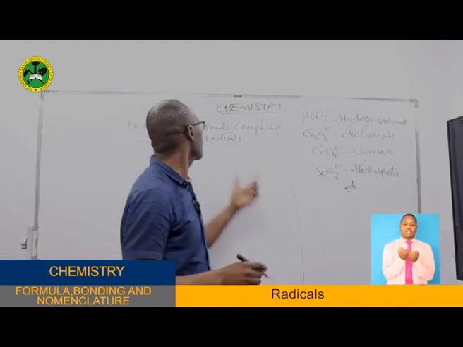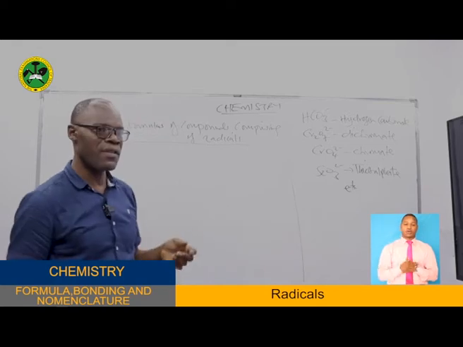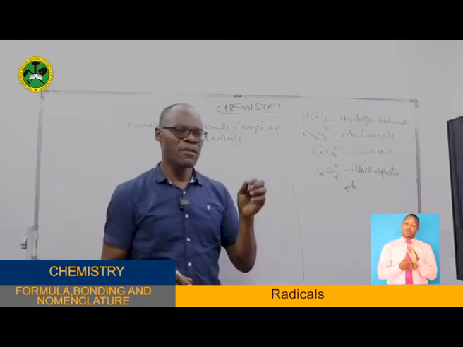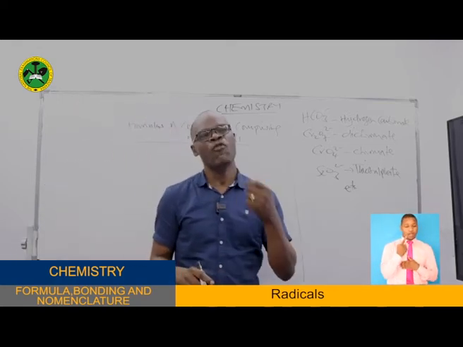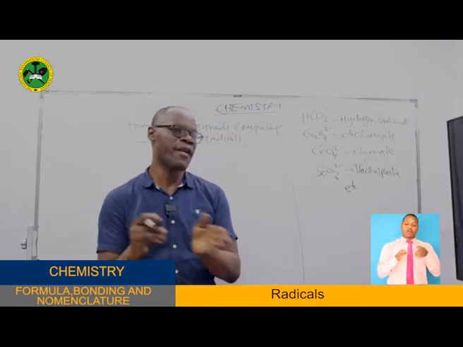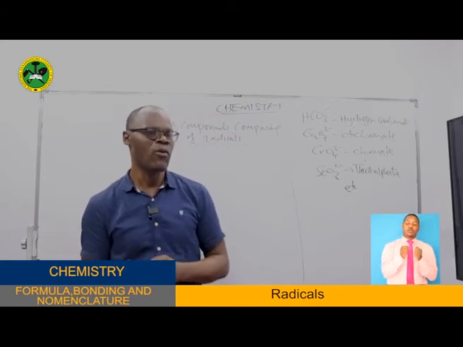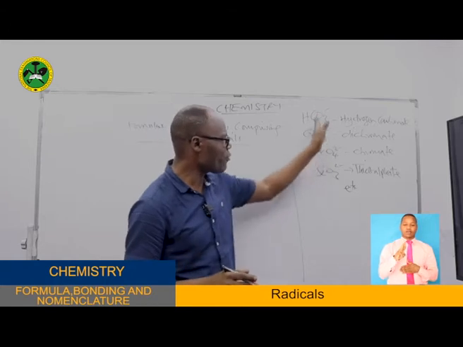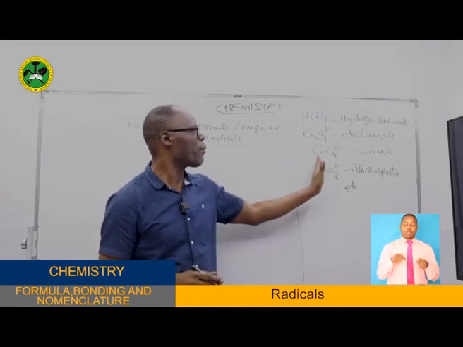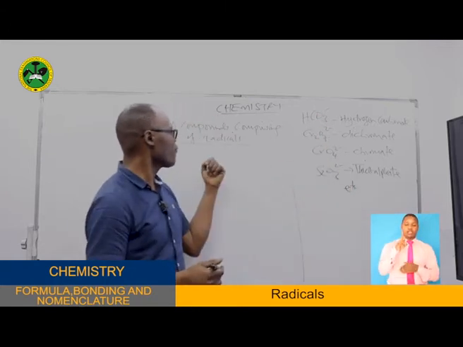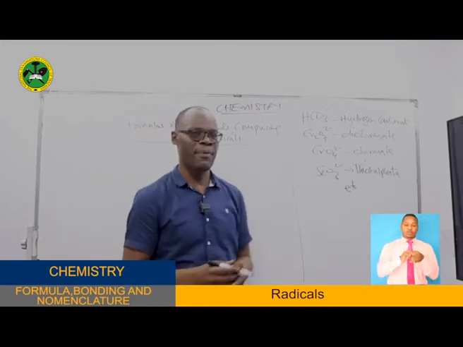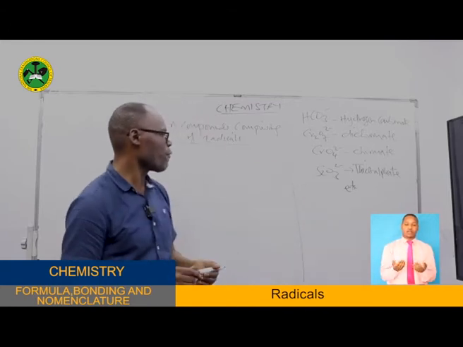Now, formulas of compounds comprising of radicals. As I said initially, we looked at the formulas of compounds which were not containing radicals, just binary compounds. Because we skipped this, today let's incorporate these radicals into our formulas of compounds. Then you can complete this subtopic of formulas.